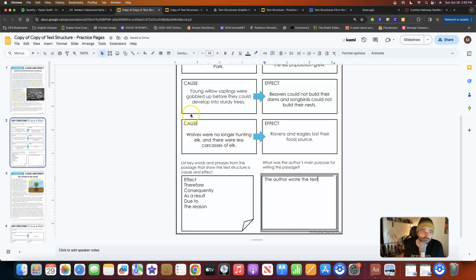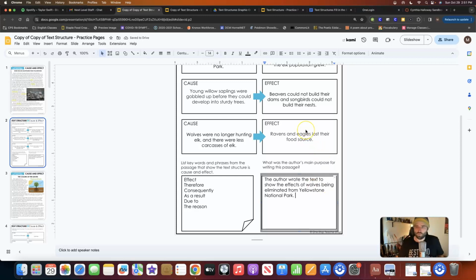So the author wrote the text to show the effects of wolves being eliminated from Yellowstone. I mean, that's why he wrote this.